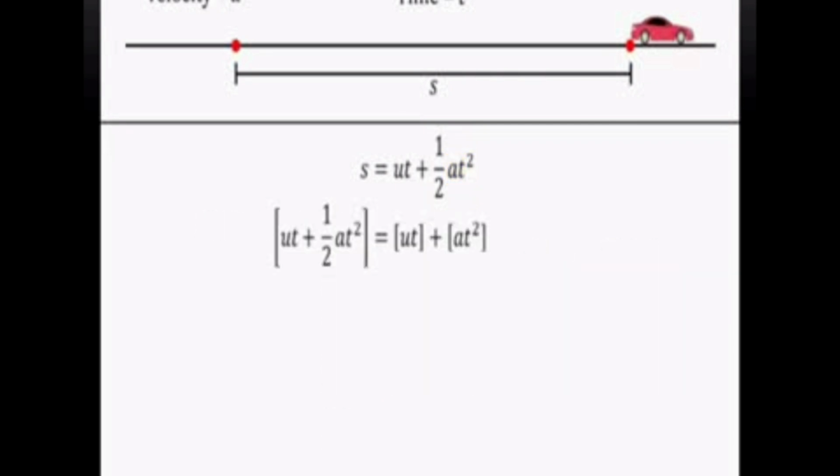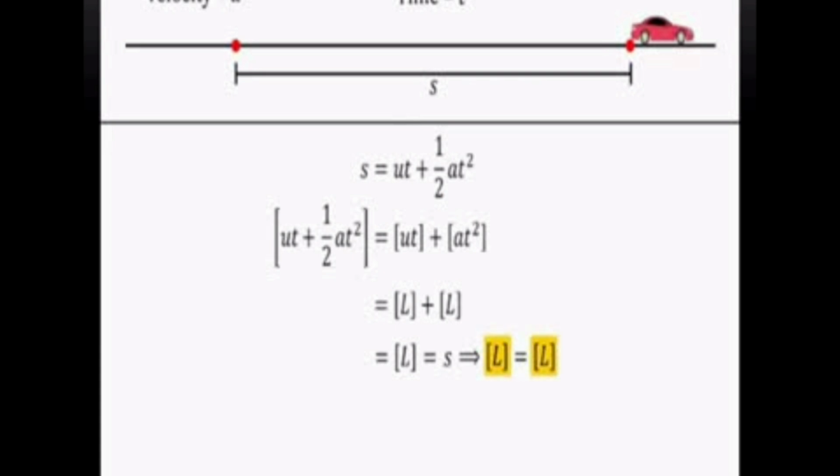Substituting all the values, see what happens. Finally, you will get the displacement s is L, that is equal to ut plus half at square, which is L plus L. So the right side of the equation is equal to the left side of the equation. That means right side s is equal to L, and this side L plus L is also equal to L. So the dimensions of the right side and left side are equal.